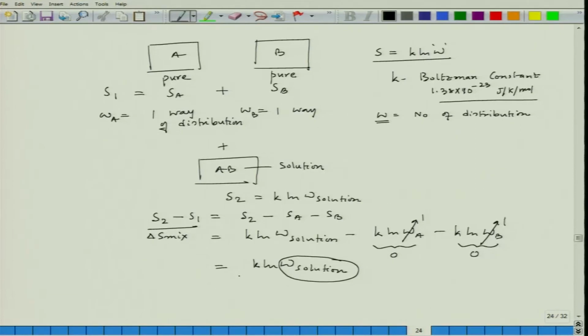Now, we have Na number of A atoms and Nb number of B atoms. In combination, they are forming N0 number of A plus B atoms.